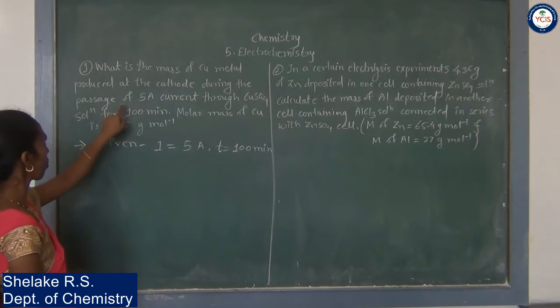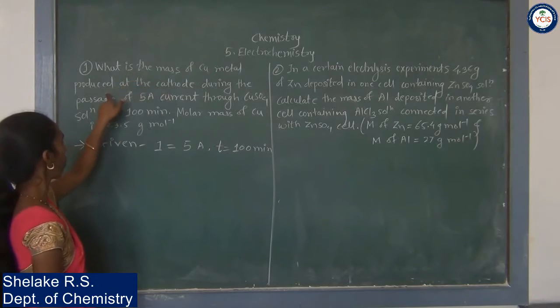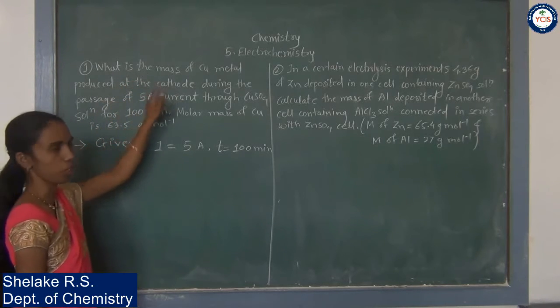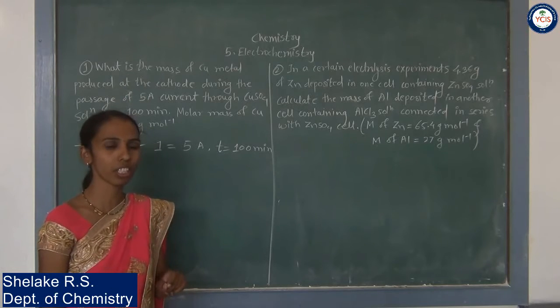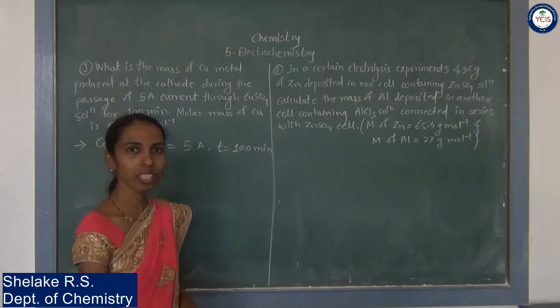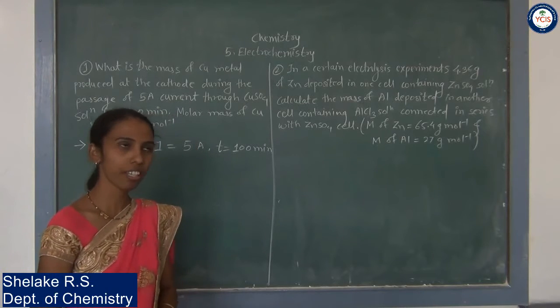Now first see what is given here. What is the mass of copper metal produced at the cathode? Means first we have to write the stoichiometry, that is the half reaction for the copper. At cathode there is reduction.